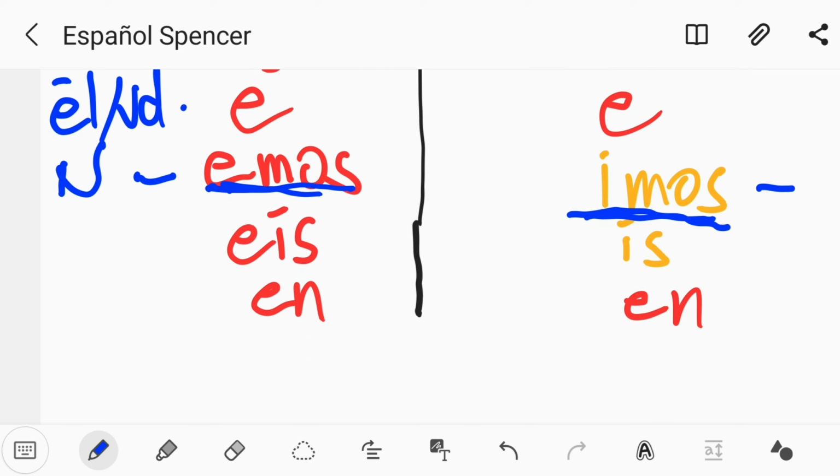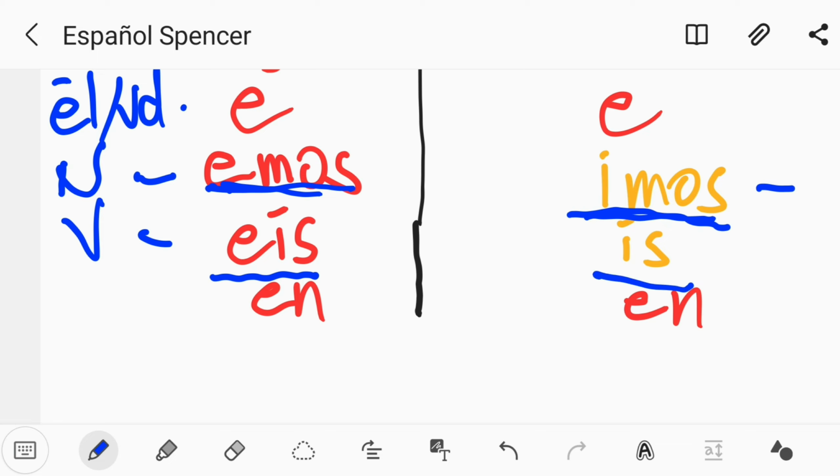Same is true with vosotros. We take the root word and add the endings éis and ís, so it becomes aprendéis and then vivís. Take a look at this.